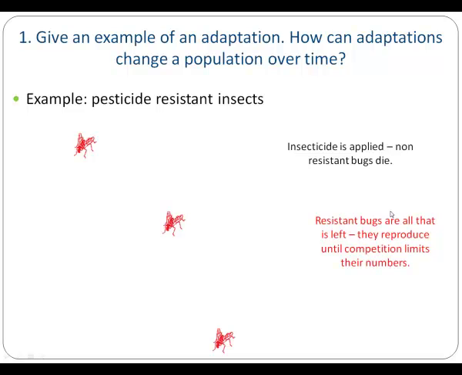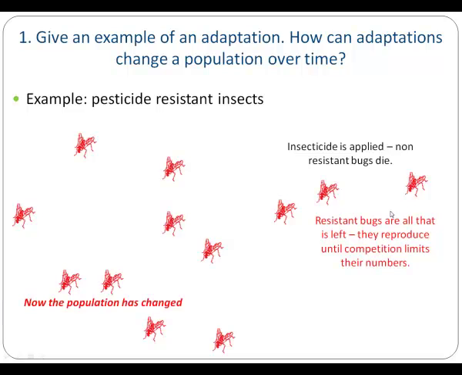Resistant bugs are all that is left, so they're going to reproduce until competition limits their numbers. So now my population has changed. They're all pesticide resistant. So this would be a very quick change, a very quick adaptation, simply because all the other ones died off. But this process could also take a really long time as well.